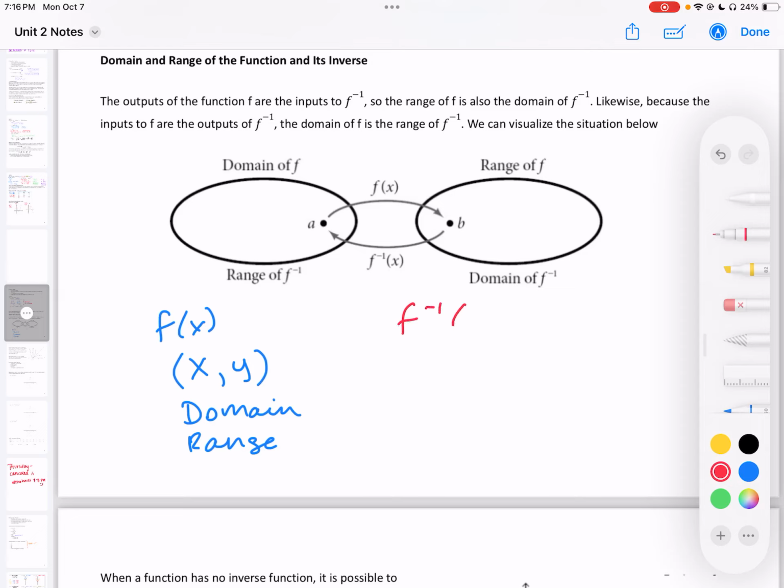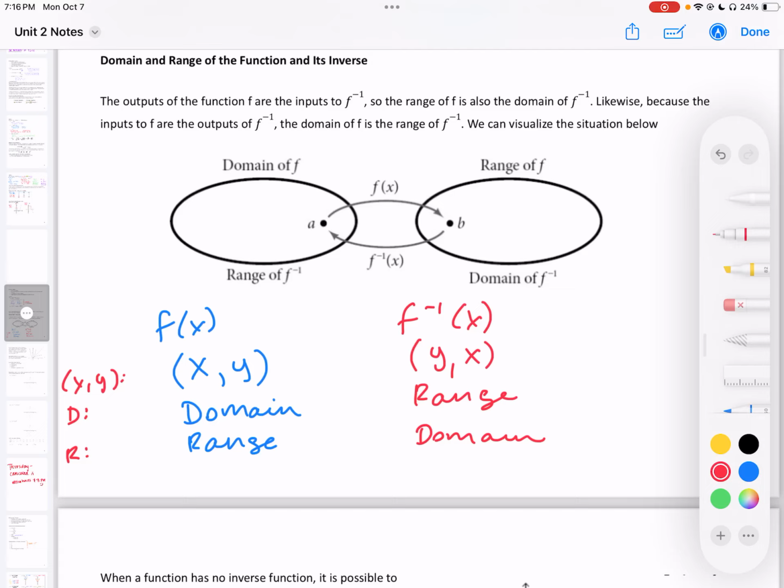So for the inverse, we essentially write the opposite. Here's the domain, the range, and the coordinates for both. They are going to flip-flop.